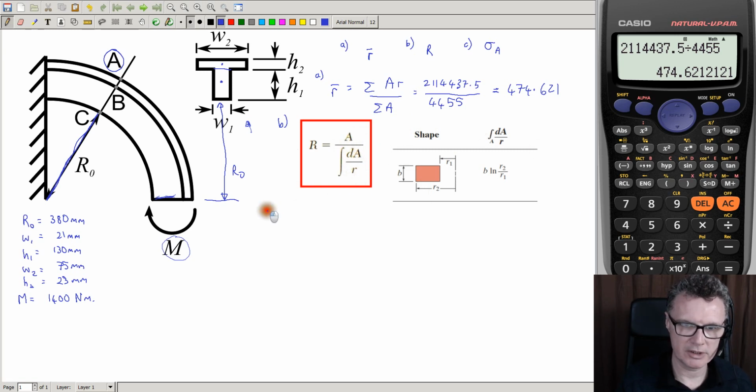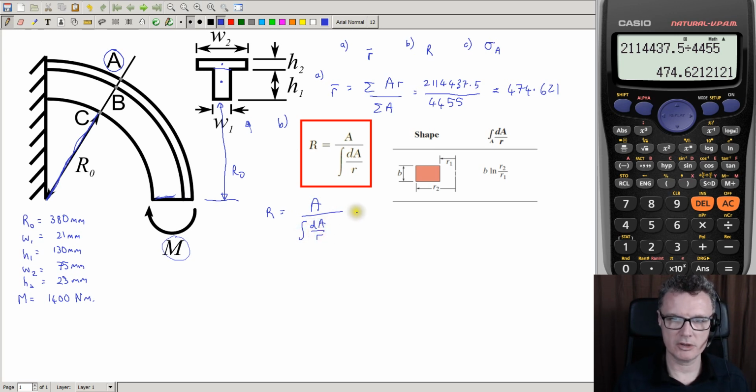So we're going to say R equals total area over the integral of 1 over R for the lower section plus the integral of 1 over R for the upper section. Okay, so you can see that that is equivalent of saying the integral of everything over that section.